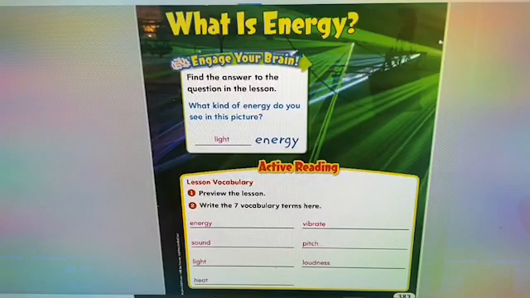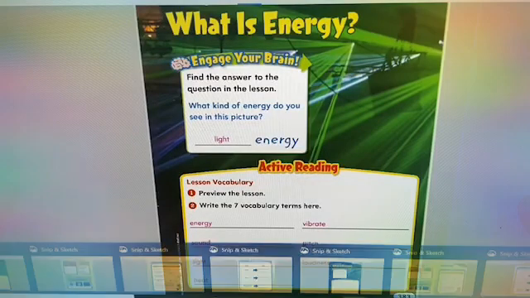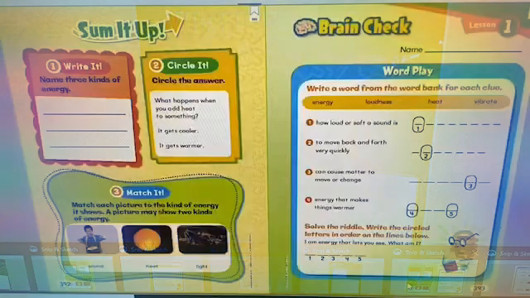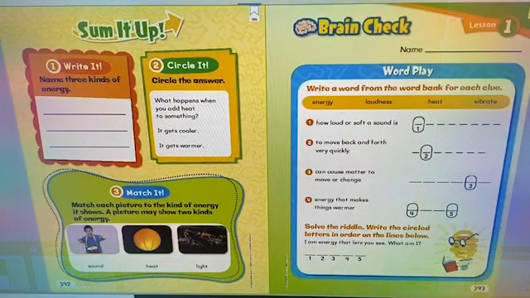Yes, and our lesson vocabulary was energy, sound, light, heat, vibrate, pitch, loudness. Yes. Now open with me to sum it up, page 392.